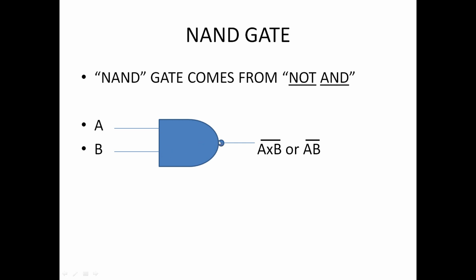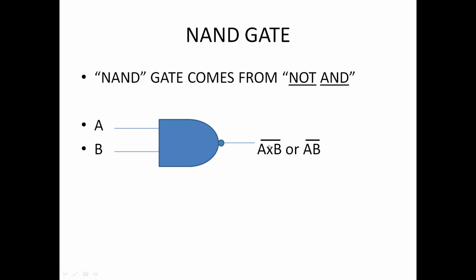But we have this little friend here, the small circle, meaning whatever comes out of this AND gate gets negated by this small circle, and that is what changes it to not, that is this bar here, means not (A and B).